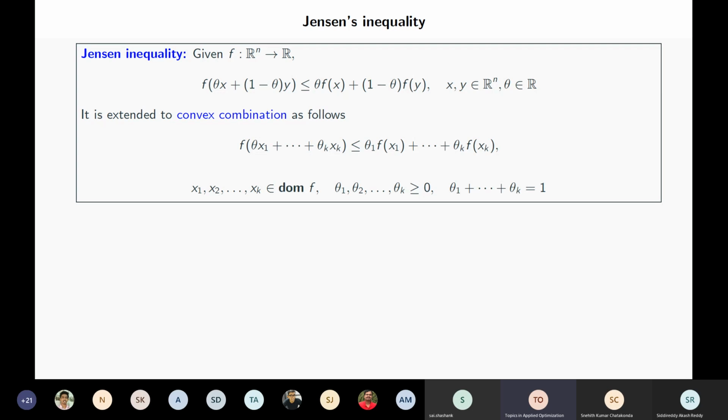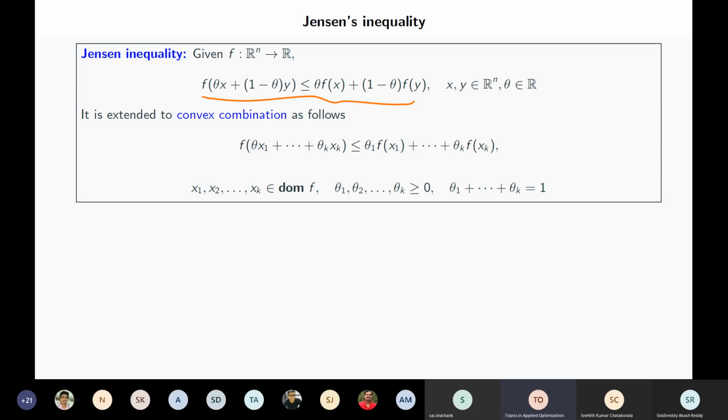So Jensen's inequality, what does it say? Given f from R^n to R, if this is satisfied, then we say that Jensen's inequality is satisfied.